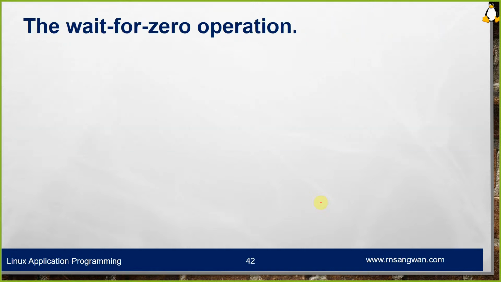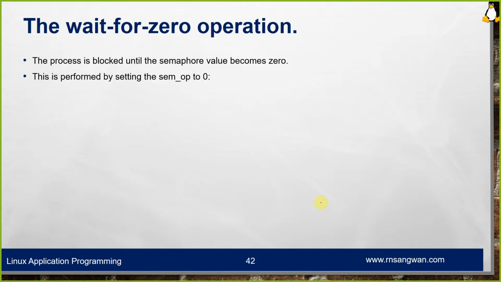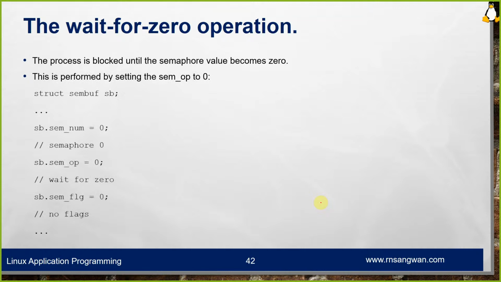Wait-for-zero operation: the process is blocked until the semaphore value becomes 0. This is performed by setting sem_op to 0. That's what we can specify: sb.sem_op equals 0.